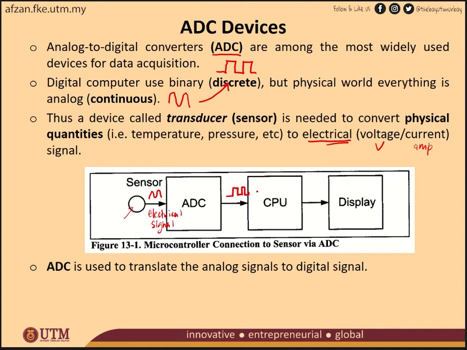Once this signal is converted to digital, the CPU can do processing or data manipulation, and at the end you can display it on your outputs. So this ADC is actually used to translate the analog signal to the digital signal.